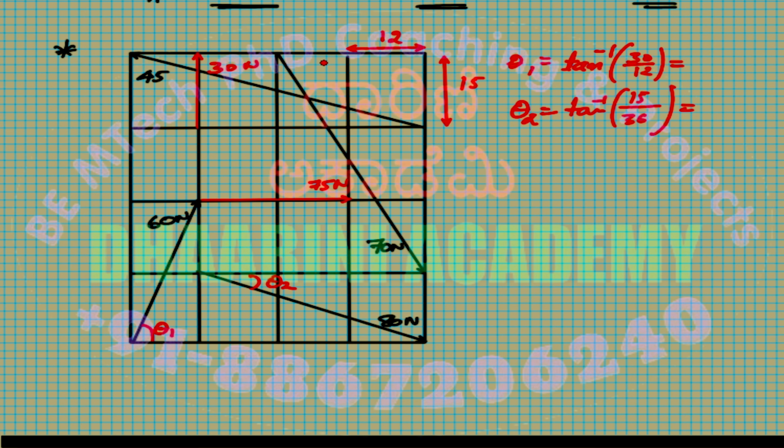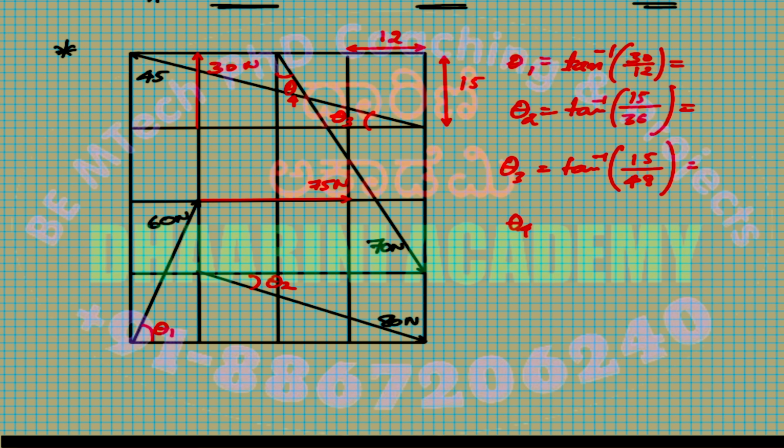Now let's calculate another angle. I'll mark this angle as theta 3. Theta 3 is tan inverse of opposite, which is 15, divided by adjacent, which will be this whole thing, so 12 into 4, 48. Then we'll mark theta 4 as this one. Theta 4 is measured with respect to the y-axis. Opposite is horizontally this distance.